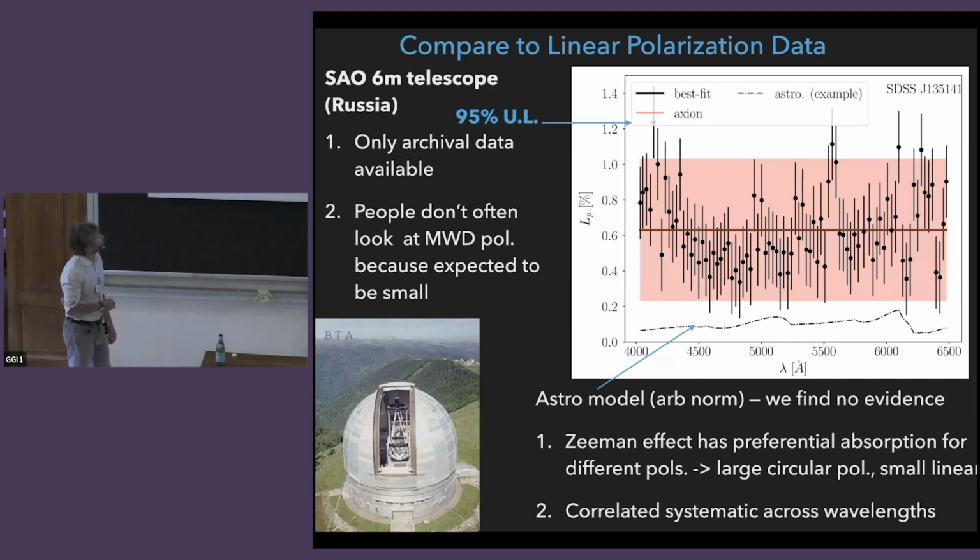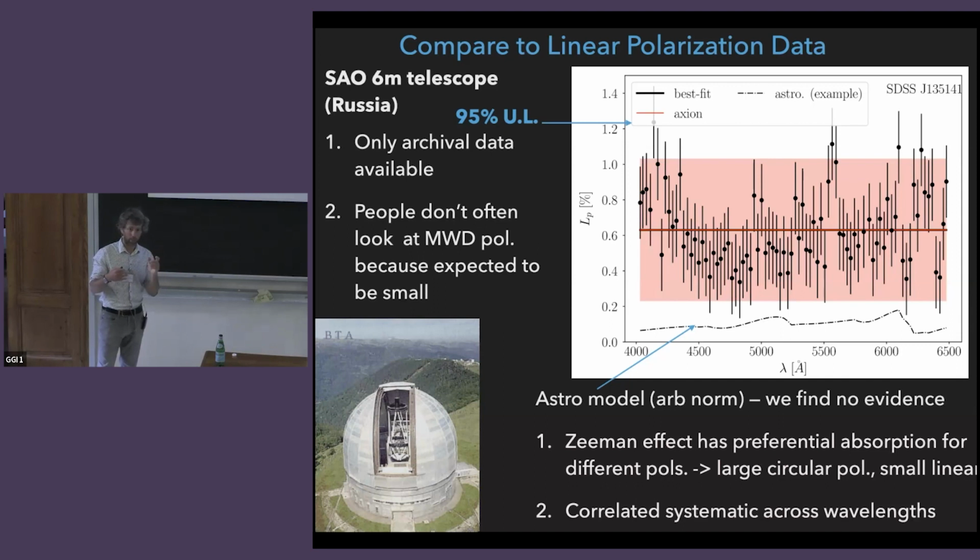In addition, there could be some astrophysical contribution to the linear polarization. That comes from the fact that in the presence of a magnetic field, you have splittings from the Zeeman shift of the bound-bound, the bound-free, and the free-free transitions. Since they're split by the Zeeman shift, they depend on the polarization of the light.